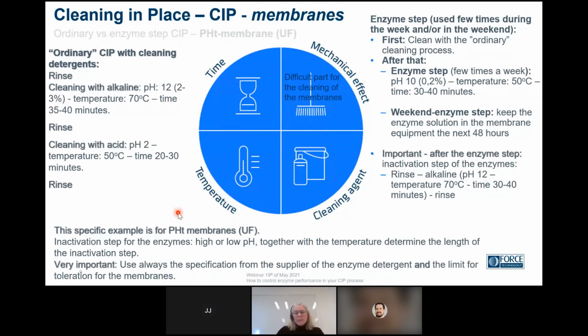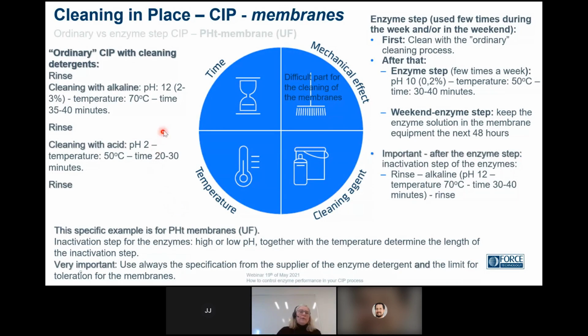And together with temperature, it will determine the length of the inactivation step. It is very important always to use the specification from the supplier of the enzyme detergent, and of course the limit for the toleration of the membranes, because many membranes cannot tolerate such a high or low pH and high temperature. That makes it more difficult to optimize the cleaning process.